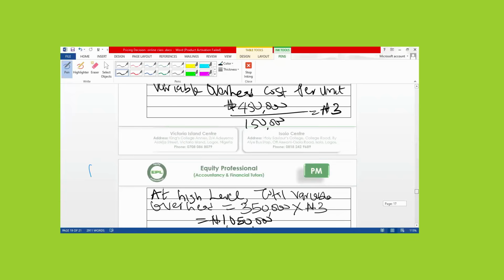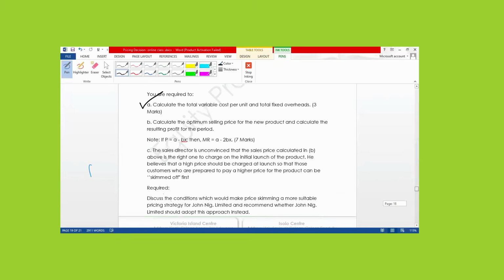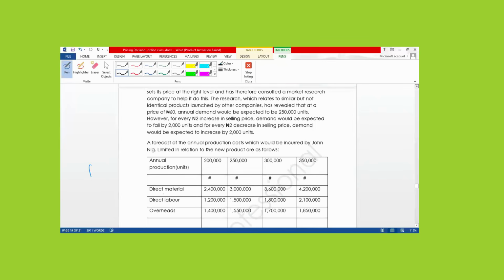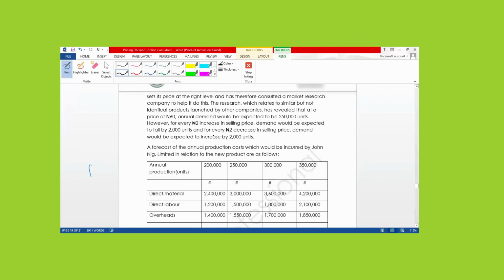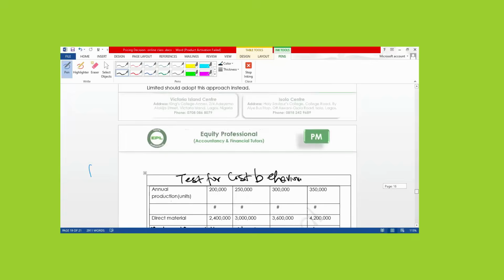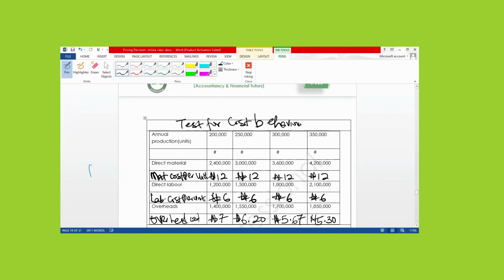Back to the question. Examiner says, for every 2 naira increase in selling price, demand will fall by 2,000 units. Change in price 2, change in quantity 2,000.